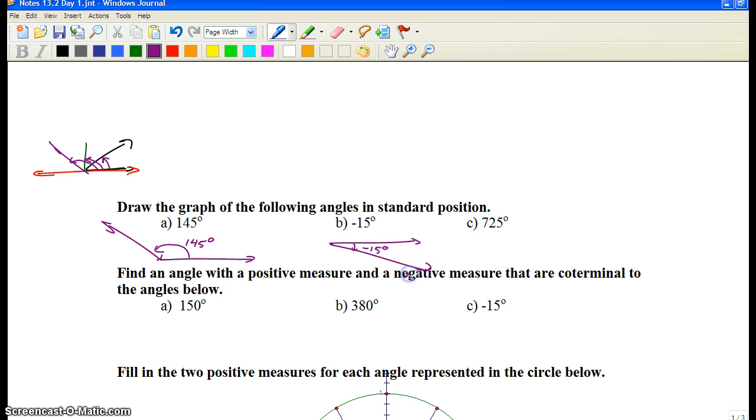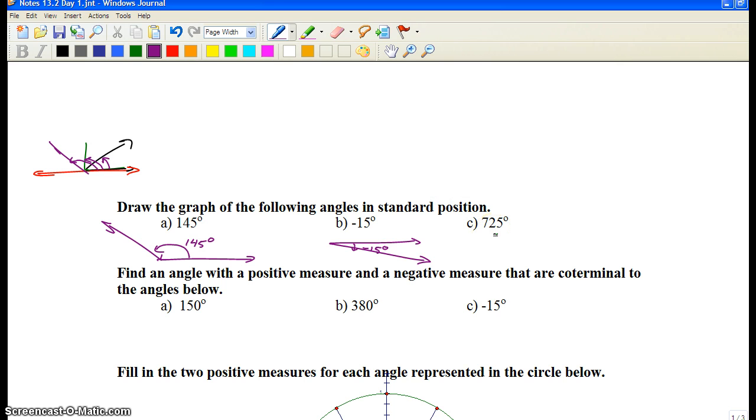Does that look like -15? Should we be a little tighter, a little more open? Maybe a little tighter. There. Do you know what I mean? Just get it approximate. You could have said that looks like -10 degrees, whatever. It's close. It's not -45. That's pretty clear, right? That's really all I'm looking for.